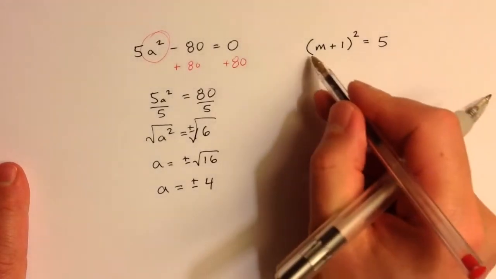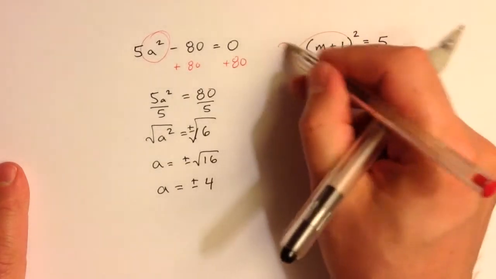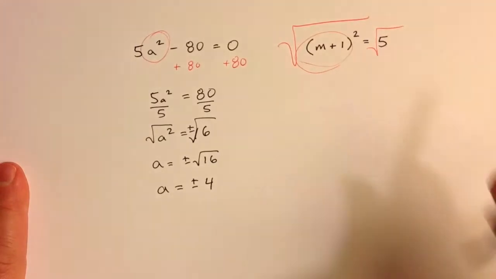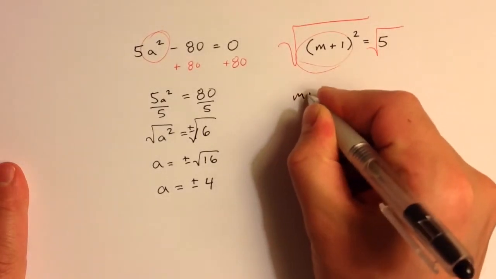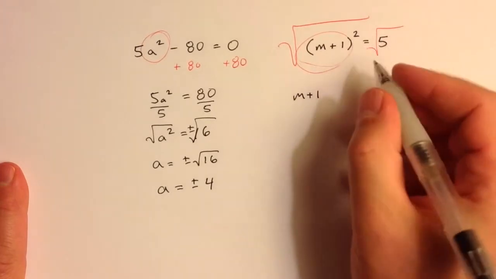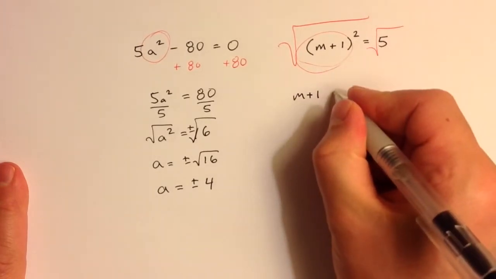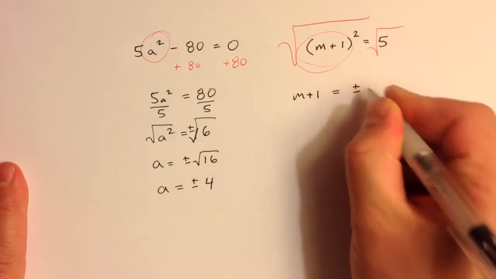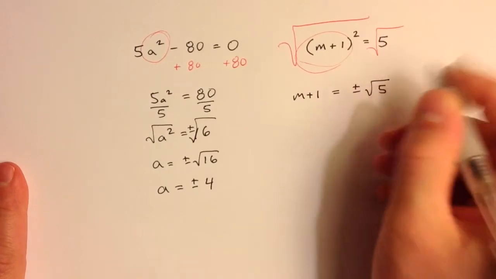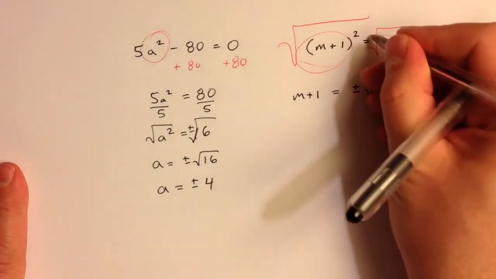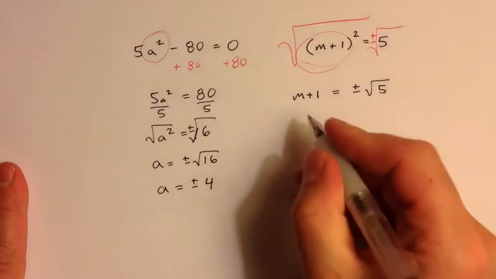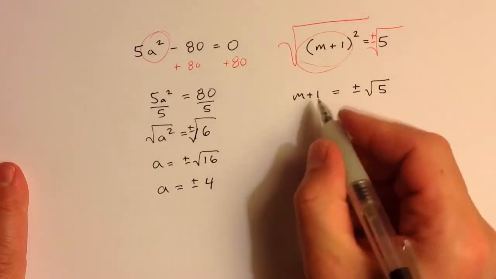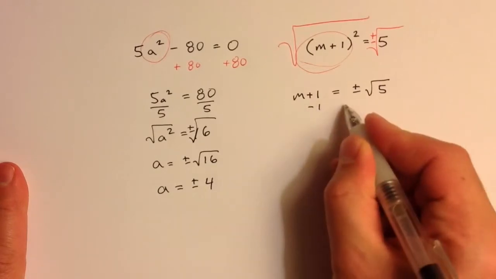Since the square is on the outside of the parentheses, I first want to take the square root of both sides. So that gives me m plus 1, because the square root cancels out the square. m plus 1 equals plus or minus the square root of 5, because we need to include both a positive and a negative solution. And then to complete the problem, I want to subtract 1 from both sides.